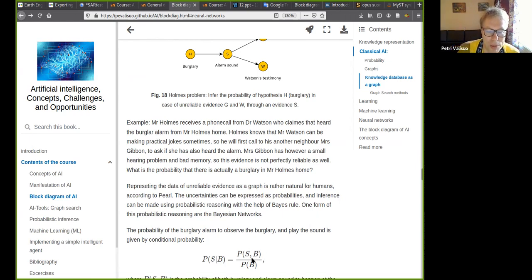So then you can calculate what is the probability of burglaries in this area in general, and how often this alarm sound was switched on when the burglary happened.